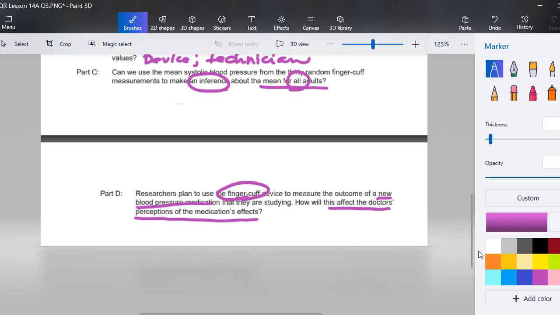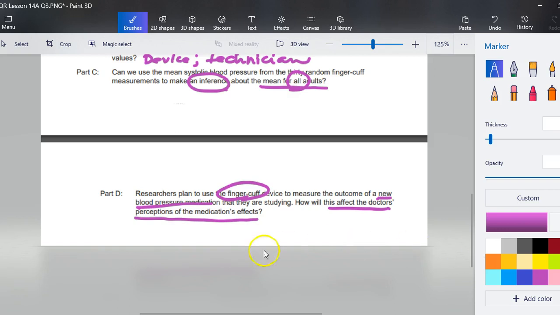Something you might consider is that doctors are going to believe that the individuals using the finger cuff device have blood pressures that are higher than they actually are. These inaccurate measurements may impact how doctors view the effects of the medication, but possibly not if they are comparing to a control group that is being measured with the same device. So it's not good. It has a flaw.